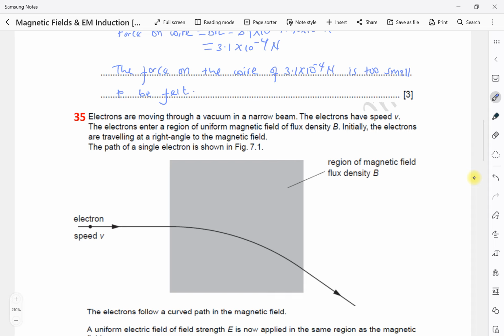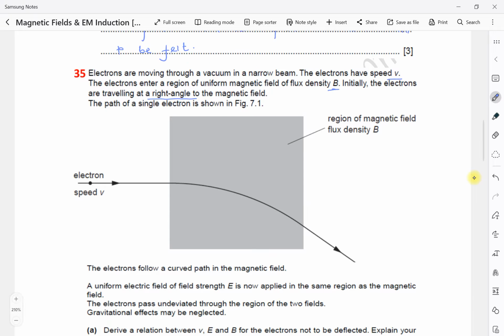Electrons are moving through a vacuum in a narrow beam. The electrons have speed v. The electrons enter a region of uniform magnetic field of flux density B. Initially, the electrons are traveling at right angles. So they enter at this point at right angles to the magnetic field. And when a charged particle moves at right angles to the magnetic field, it experiences a force as predicted by Fleming's left-hand rule.